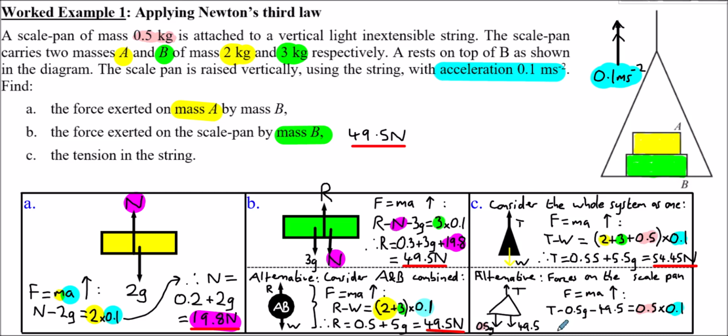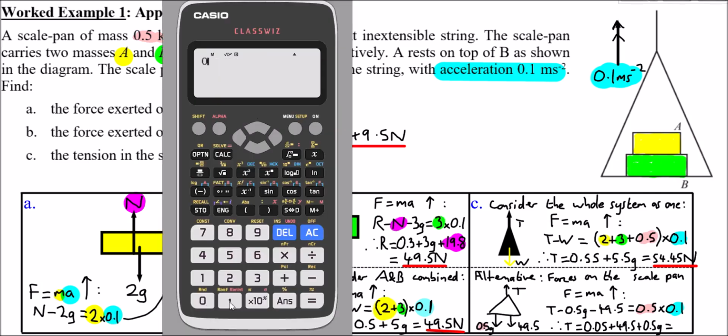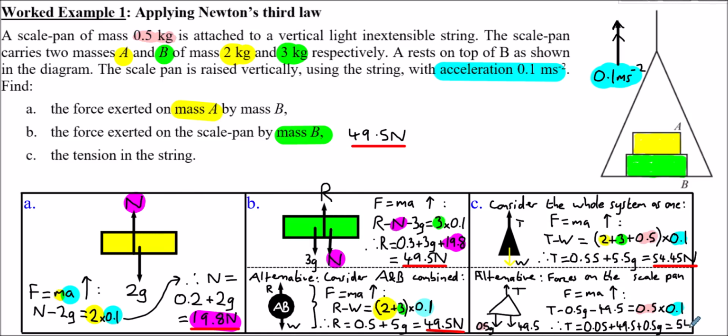So if we rearrange this, again, we'll see that T is going to equal 0.5 times 0.1, that's 0.05, then plus 49.5 plus 0.5 G. They'll come out the same, but just to prove it to you, 0.05 plus 49.5 plus 0.5 G. And again, you can see we get 54.45 newtons. Obviously I've shown you alternatives. We only need one way of doing it, but that's worked example 1 done.